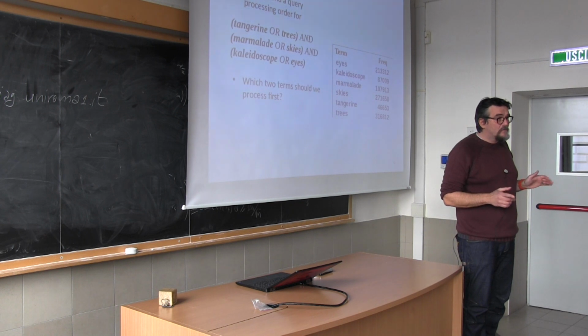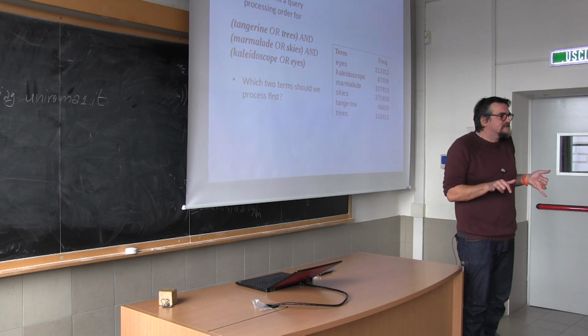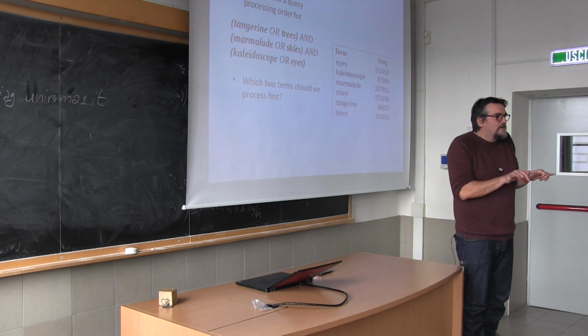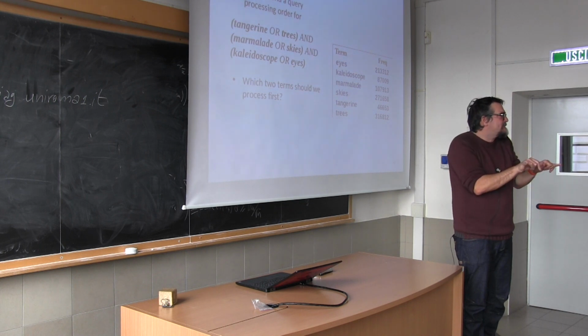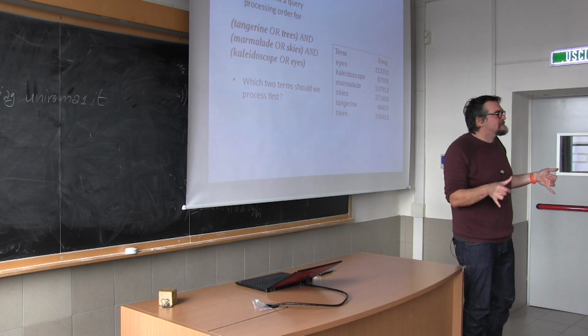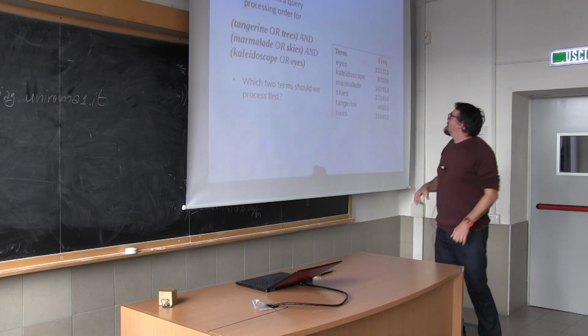We saw it before. We sum up the frequency of the two terms, because in the worst case there are no postings that are in both posting lists, and thus I have to sum up. This is clearly an upper bound, but it gives us a rough idea.